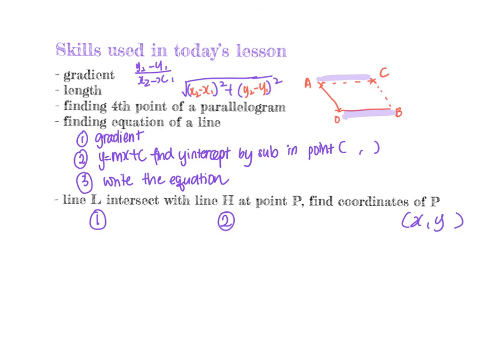So I have 2 unknowns. That means I need 2 equations. So I'm going to use the solving simultaneous equation so that we can get the x and y value, which gives us actually the coordinates of the point of intersection.